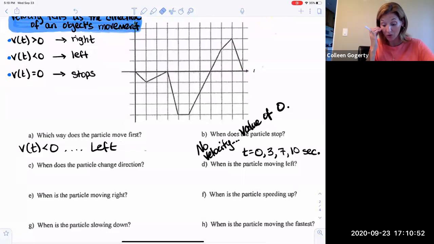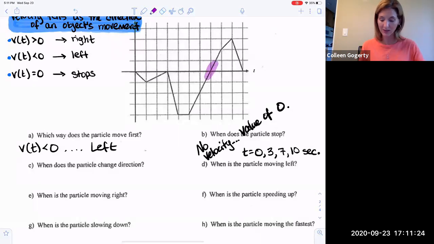When does the particle change direction? To change direction, that means we have to be changing from right to left. We're still talking velocity. In order to see a change in direction, we need a difference of positive velocities to negative velocities. Remember, once again, velocities give a rate of change and these signs tell the direction. So let's take a look. When does it change direction?